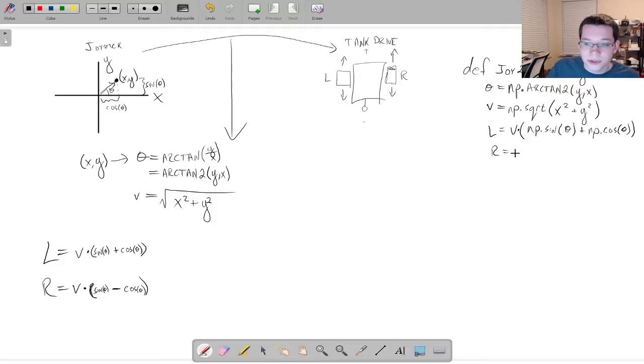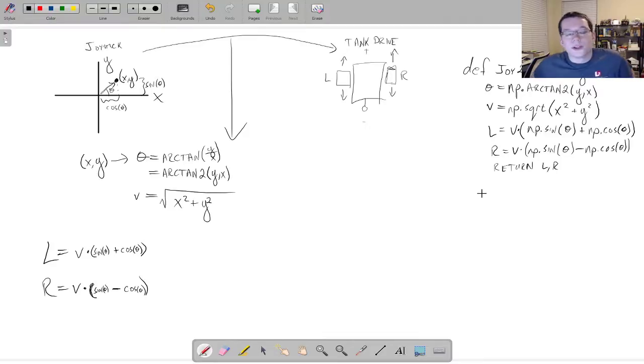R equals v times np dot sine of theta minus np dot cosine theta. Return left and right. And that function will convert a joystick signal into a left-right motor control signal, which is lovely and very useful in robotic stuff.